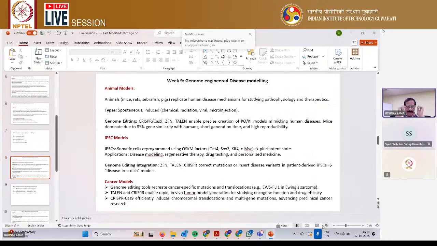So very often we create models of disease in animals because we cannot do testing in humans directly before animal testing. So here we try to replicate the human disease mechanism for studying pathophysiology and also gaining knowledge about the therapeutics.